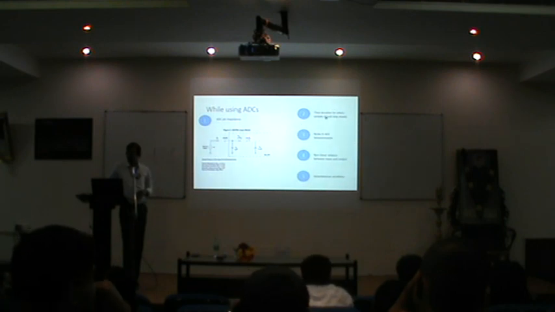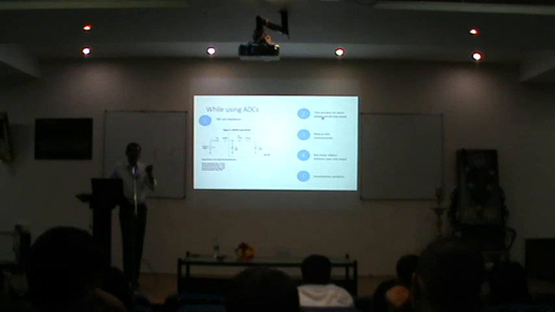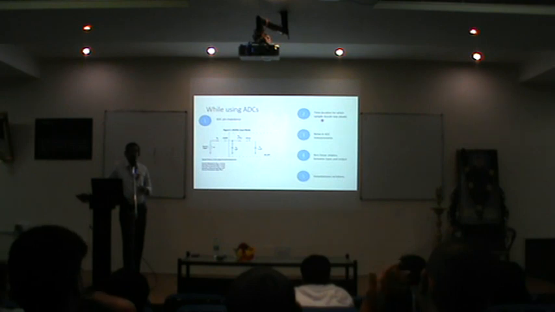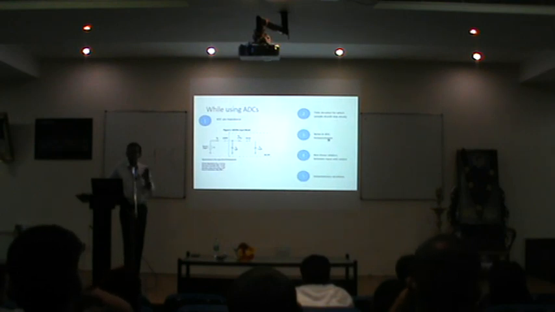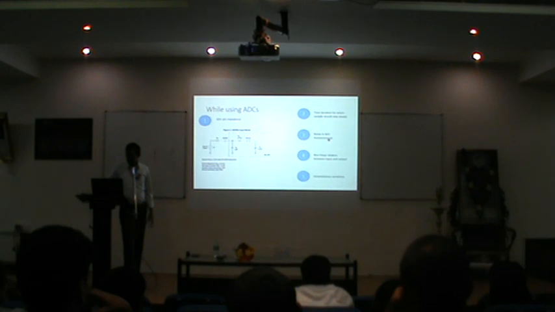The time duration for which you have to keep the signal steady until your ADC finishes measuring or sampling these signals is another important thing we have to look into. And then usually there will be noise in these measurement signals, so you have to remove it. Either you can do it by using passive circuits or programmatically.